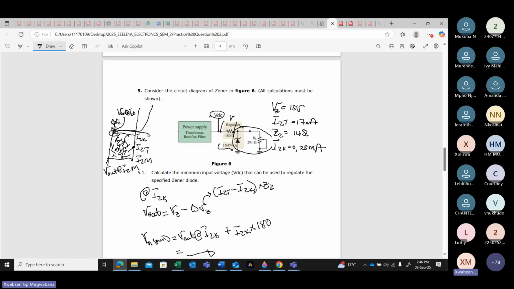It's either going to work from here up to there, or from here up to there. But it cannot go beyond IZM, and it cannot go less than IZK. IZT always gives us a point of reference. Do you understand that? Good. Any question?